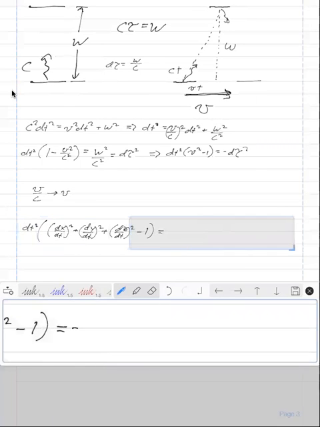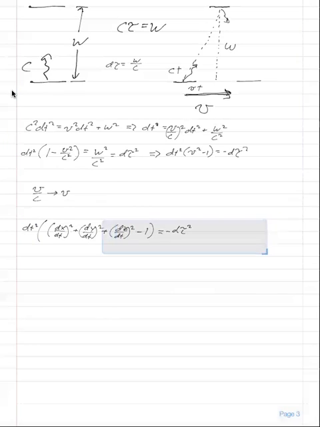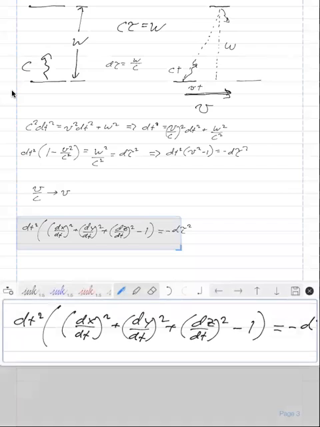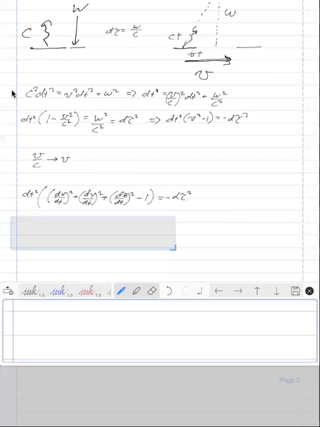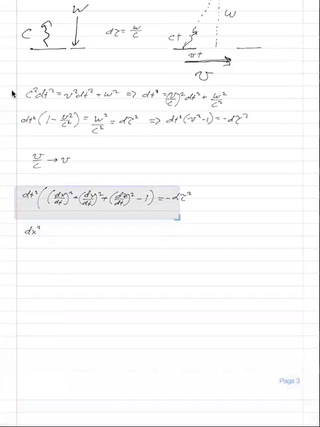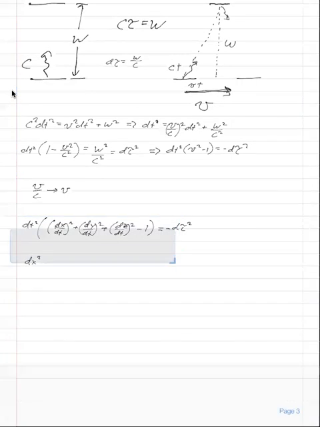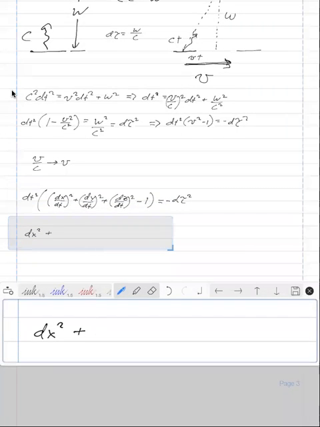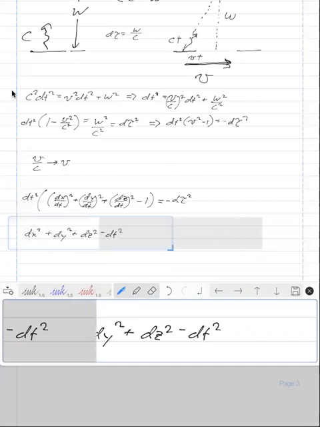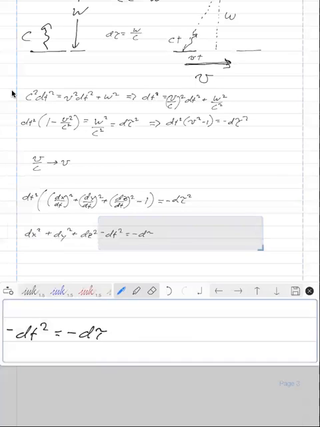Then this equals minus d tau squared. Now I'm going to pull in the dt squared, and I have that dx squared, because the dt squared cancels with the dt squared in the bottom, plus dy squared, let's make that an actual y, plus dz squared minus dt squared is equal to minus d tau squared.